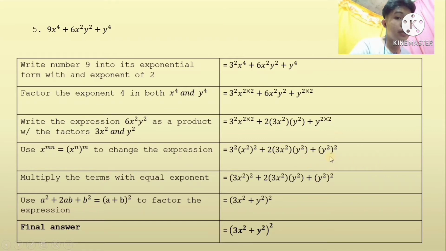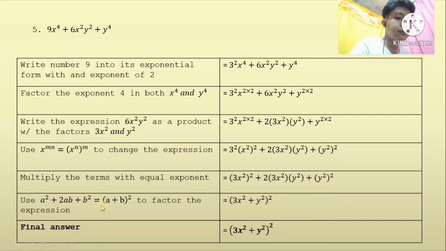I don't know how to read it, but you can see. Then multiply the terms with equal exponent. So our equation will be 3x squared squared plus 2 times 3x squared times y squared plus y squared squared.